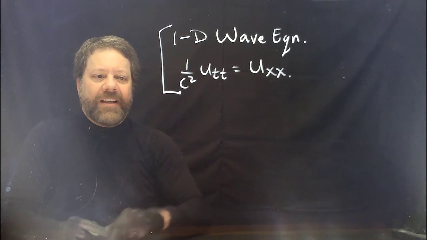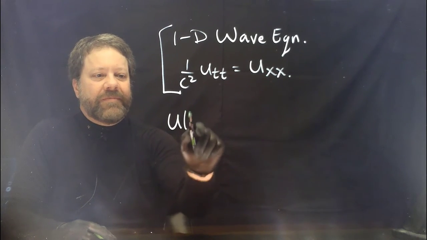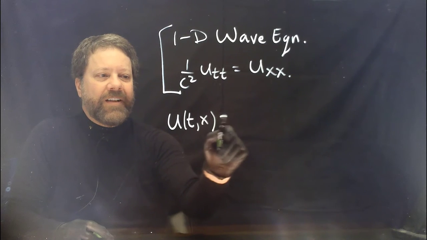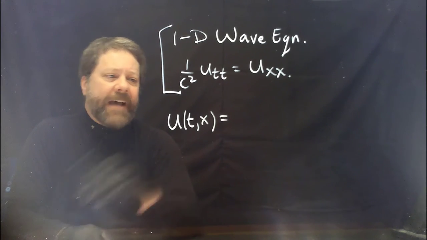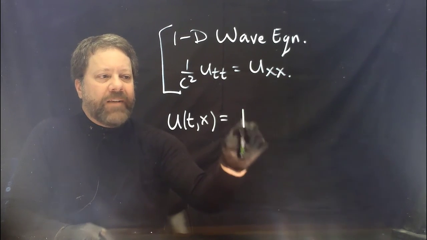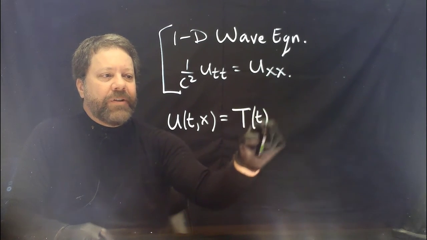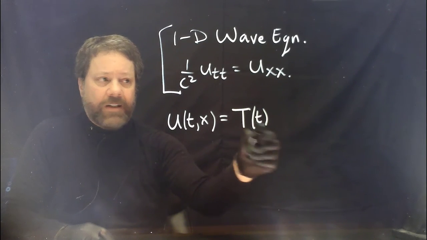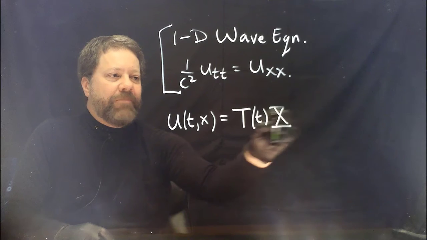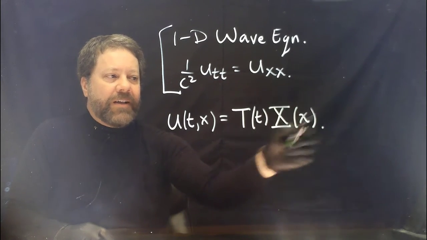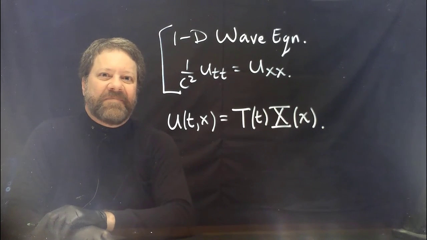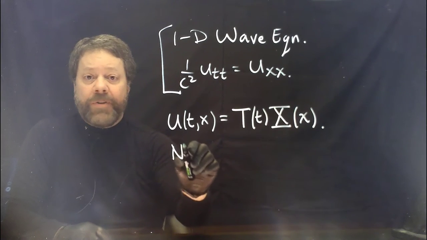Our function is separable if it can be separated into factors in the following way: into a function big T, which is a function of little t, and a function of big X, which is a function of little x. Let me first review some notation.